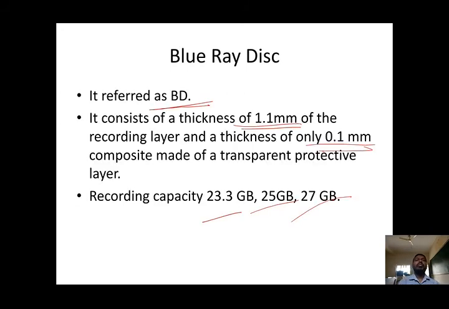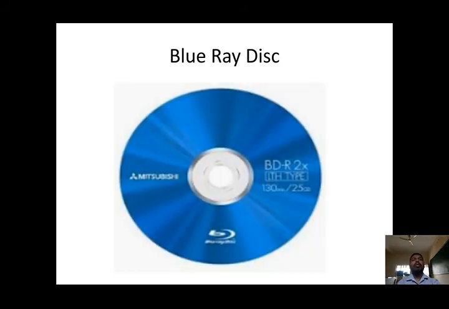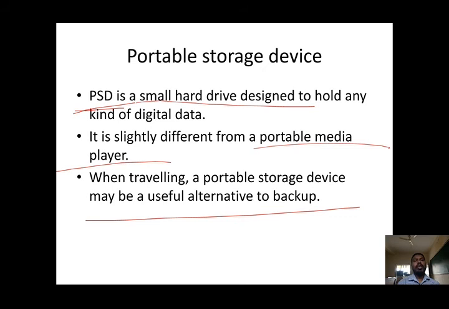So this is DVD. Next, Blu-ray, also referred to as BD, Blu-ray disc. It has a thickness of 1.1 mm. What is the recording capacity, which means storage capacity? 23.3 GB, 25 GB and 27 GB. So this is Blu-ray. And next, portable storage device, PSD.